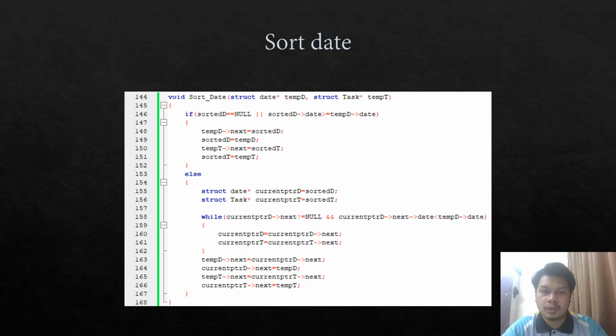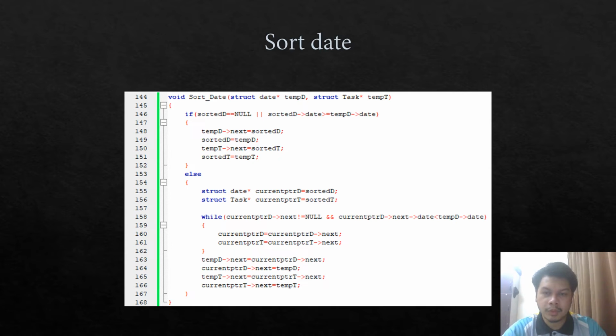We don't want to just sort the date, but if the date is swapped, the task also must be swapped as well. So that's why we did temp t next equals sorted t, and sorted t equals temp t. That is the swap part.